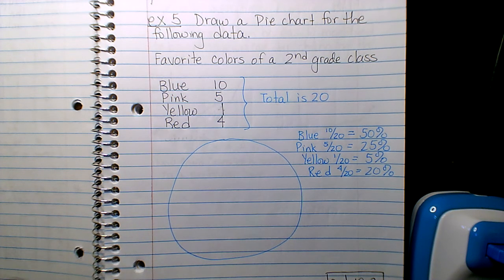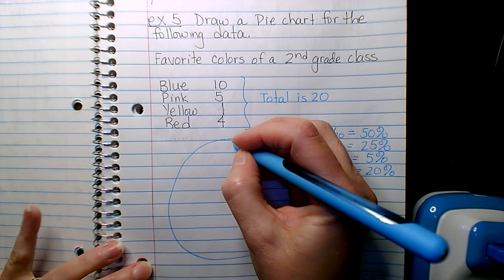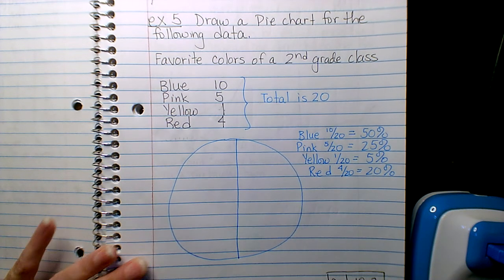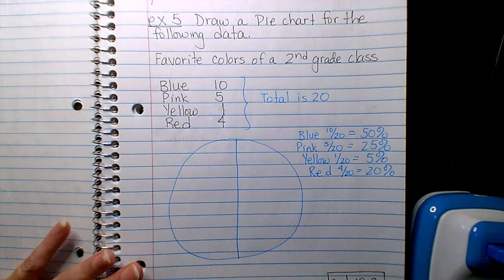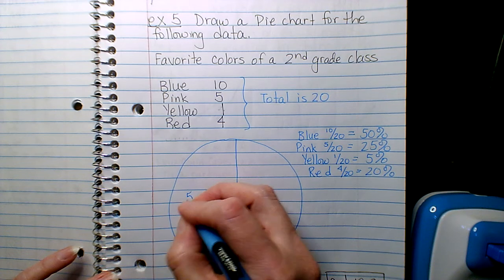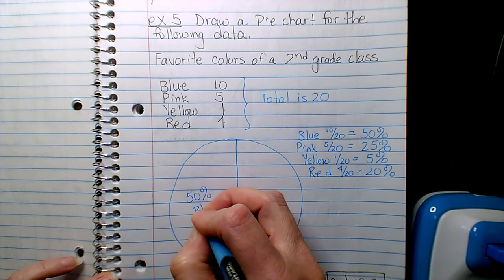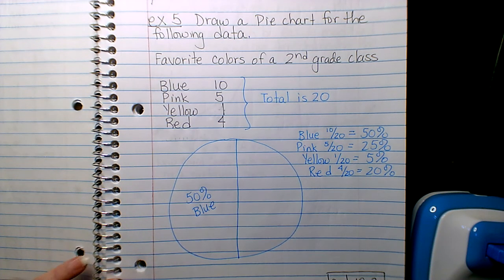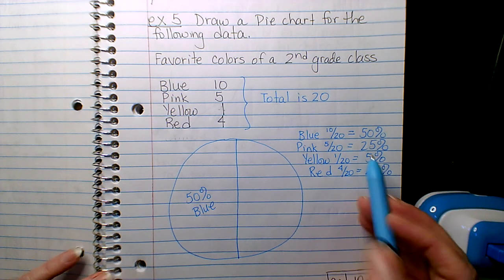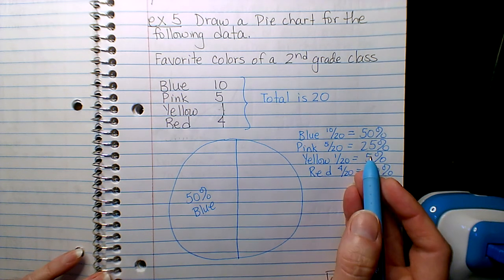All right, so that means half of my circle, right, half my circle here is going to be blue. 25% of my circle is going to be pink. That's 1/4.